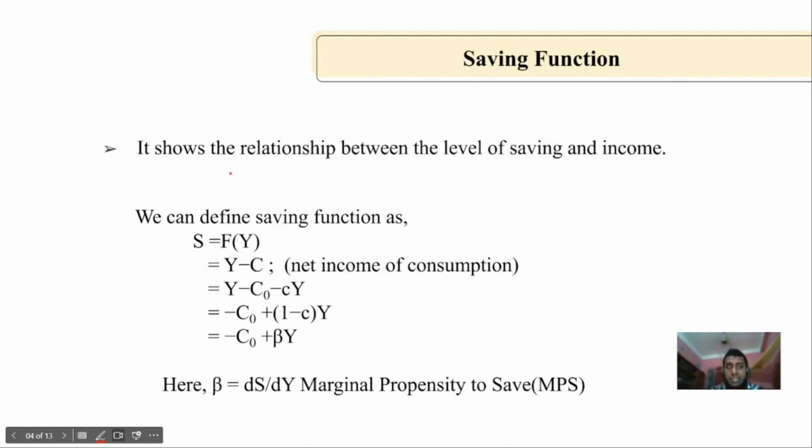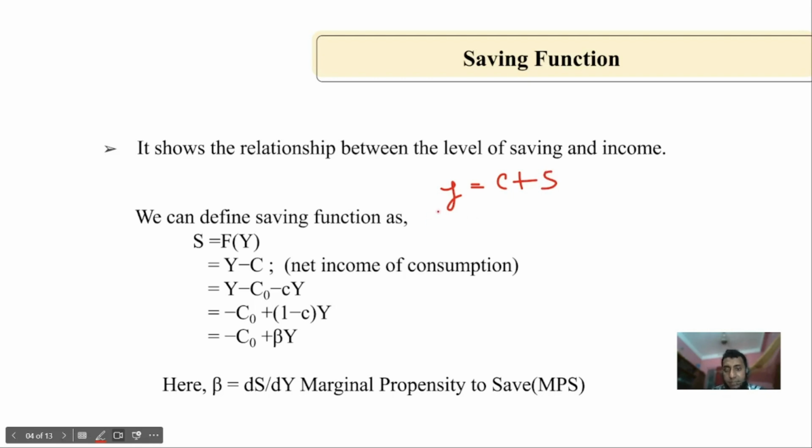Saving function. It shows the relationship between the level of saving and income. We know that total income equals consumption plus saving, meaning Y equals C plus S, S for saving.